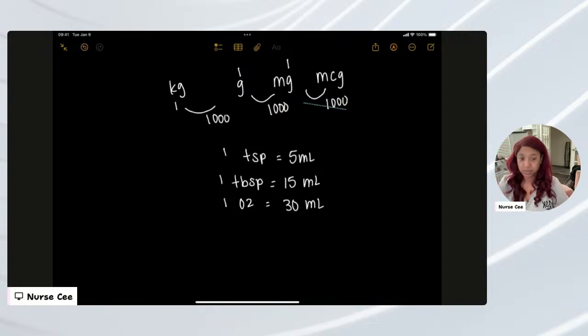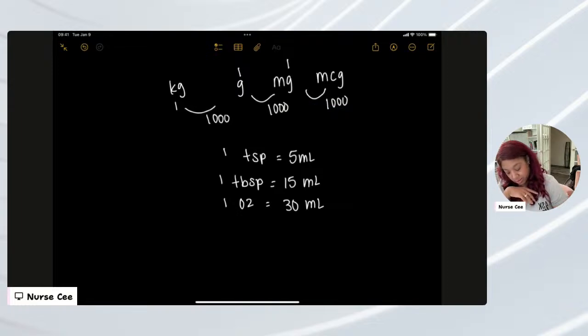See, I'm doing this off the top of my head. Yes, I am a tutor, but still, you can do it too. Dosage calculations is my baby. So you see 1 teaspoon equals 5 milliliters, 1 tablespoon equals 15, and then 1 ounce equals 30. So 5, 15, 30.